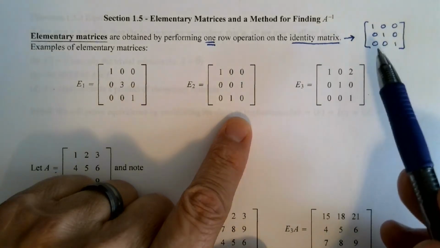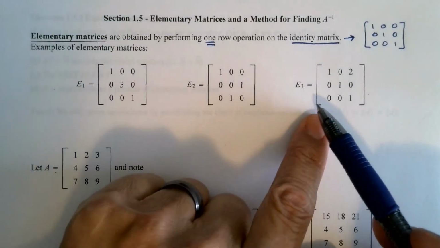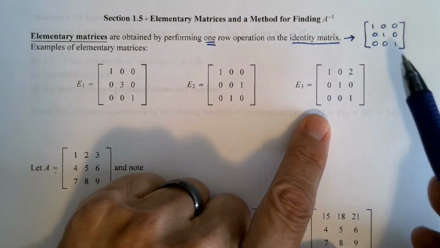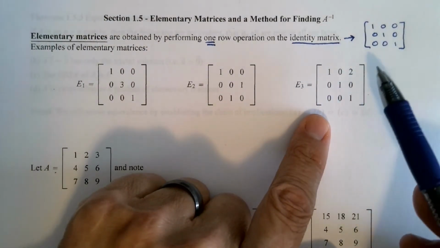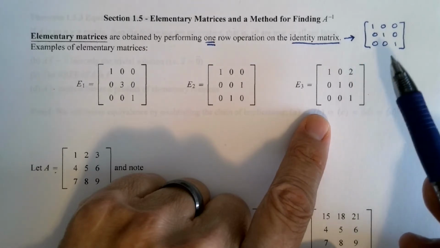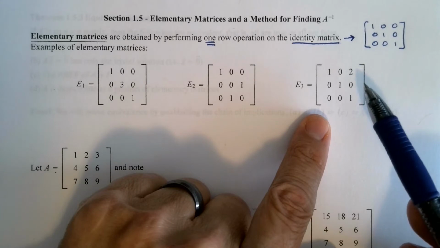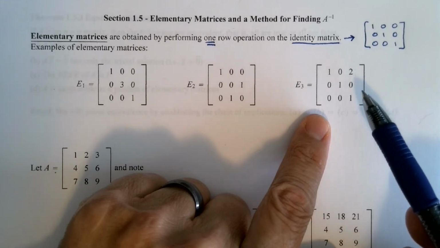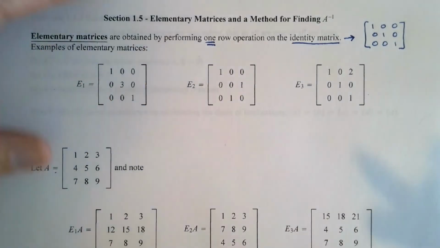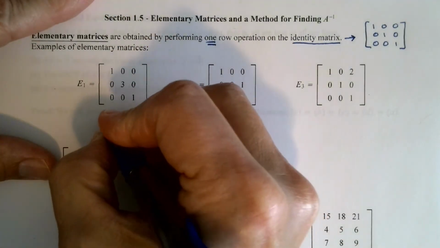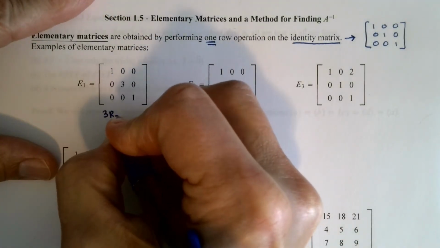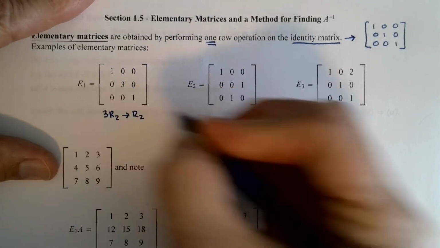Okay. And then what about this one? How did we get this from the identity matrix in one row operation? Well, the way we did it was we added a multiple of one row to another. We added 2 times row 3 to row 1. So this one was 3 times row 2, replacing row 2 with that result.